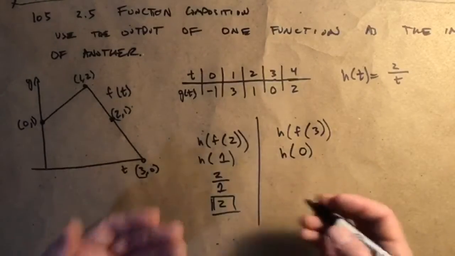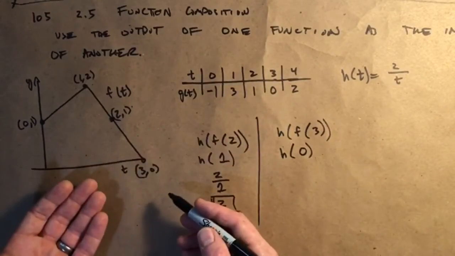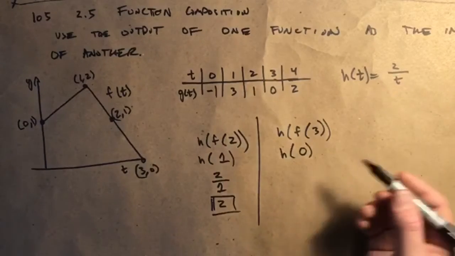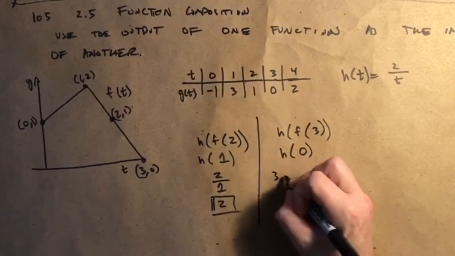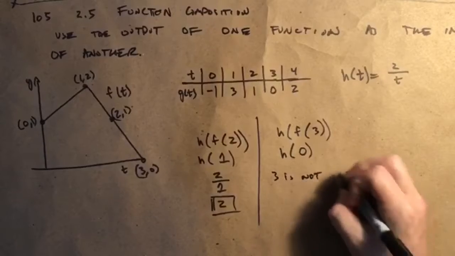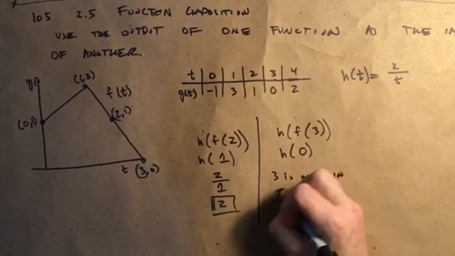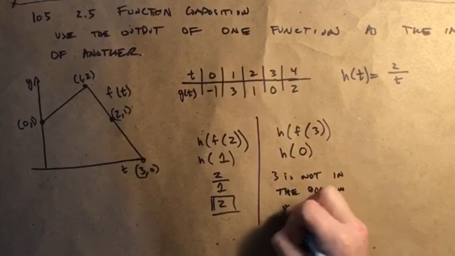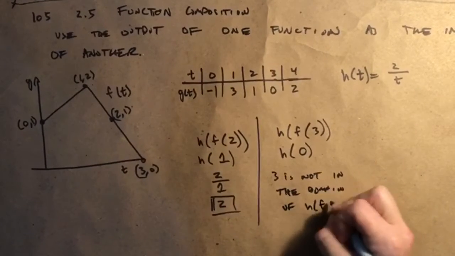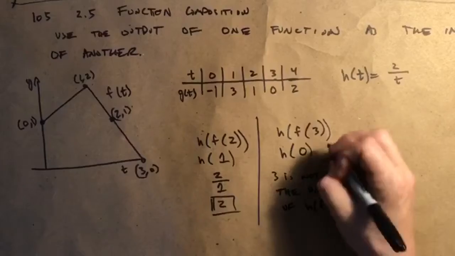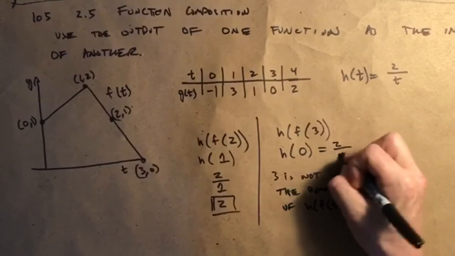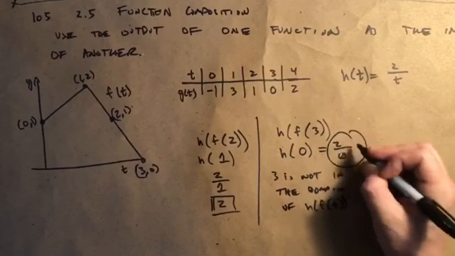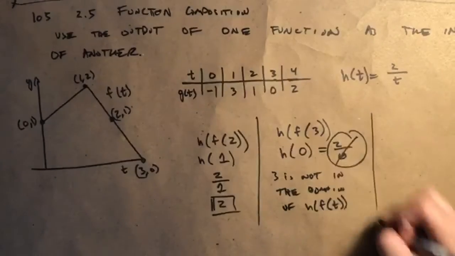It turns out that 3 is not in the domain of H of F of t. Just so you know, we would have 2 divided by 0, and we would get excommunicated by the Church of Math by dividing by 0.